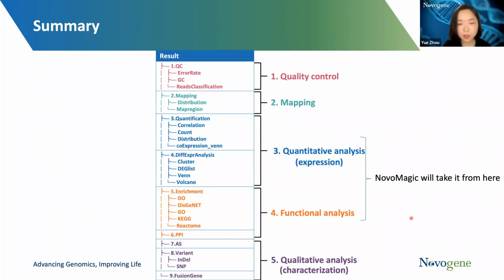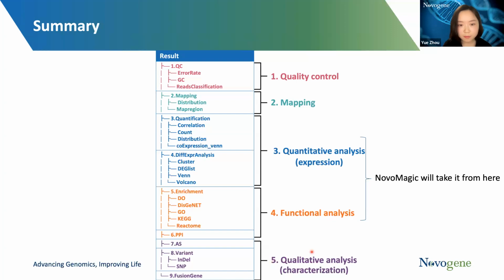And here's just a short summary of the standard analysis that we have for messenger RNA-seq, from the quality control to mapping, and as I just mentioned, NovoMagic will take it from here, from the expression analysis and functional analysis. You might be wondering why characterization is not included. The reason is that characterization analysis is more intensive in terms of the computing capacity and also the resources.